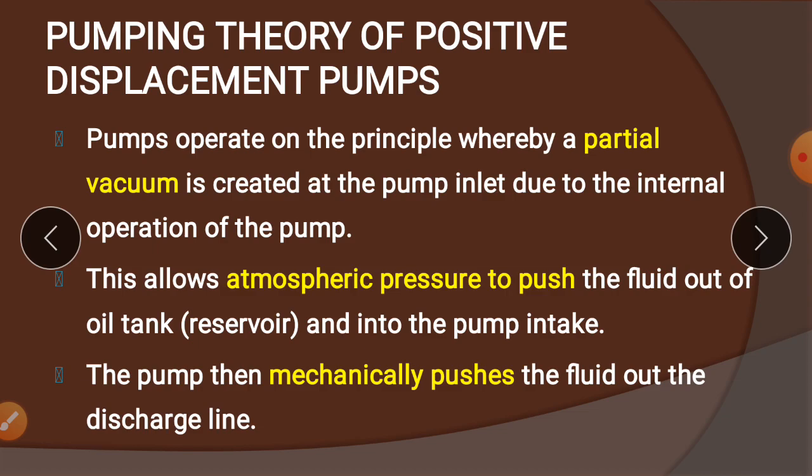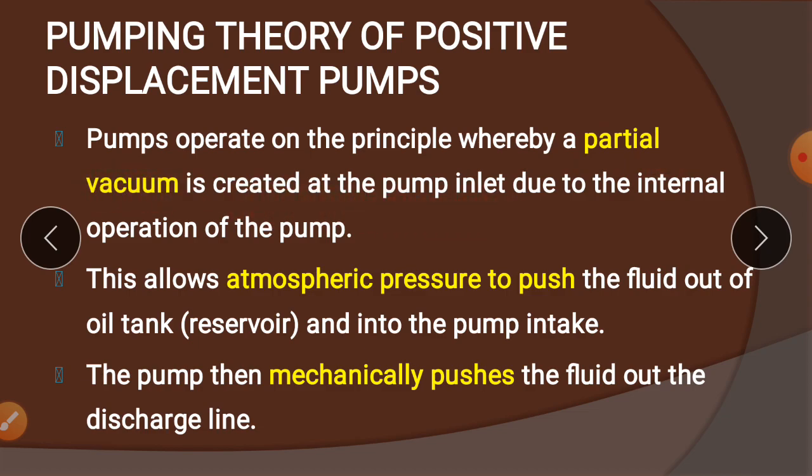Why is the partial vacuum important? When the partial vacuum is created in the pump, the high atmospheric pressure tends to push the fluid into the vacuum area. By that, the sucking of the liquid takes place. That's why the partial vacuum is created at the pump inlet.